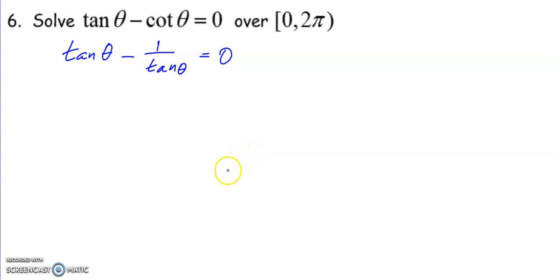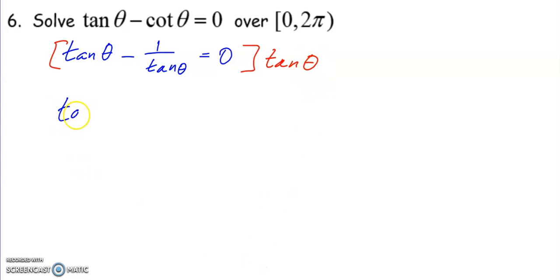That doesn't factor, but what I can do is multiply everything by tangent theta. Now that we have the same terms, I'm going to take this equation and multiply every part by tangent theta.